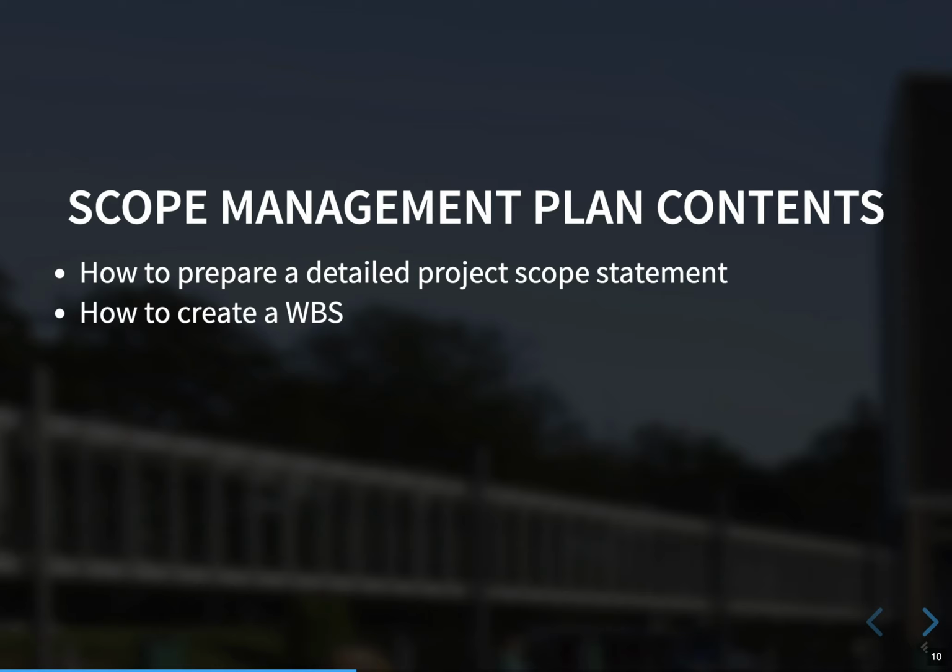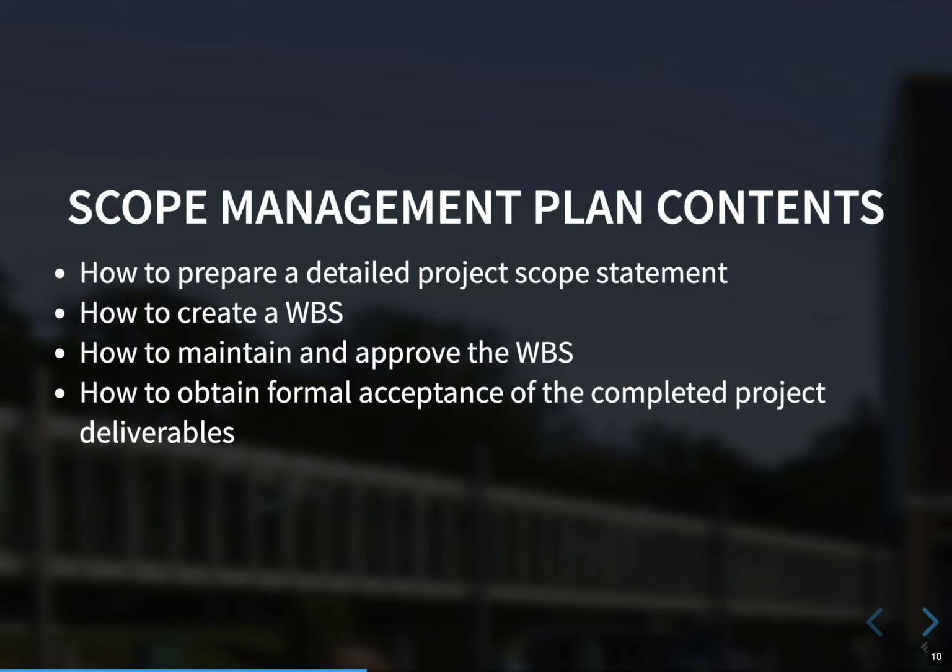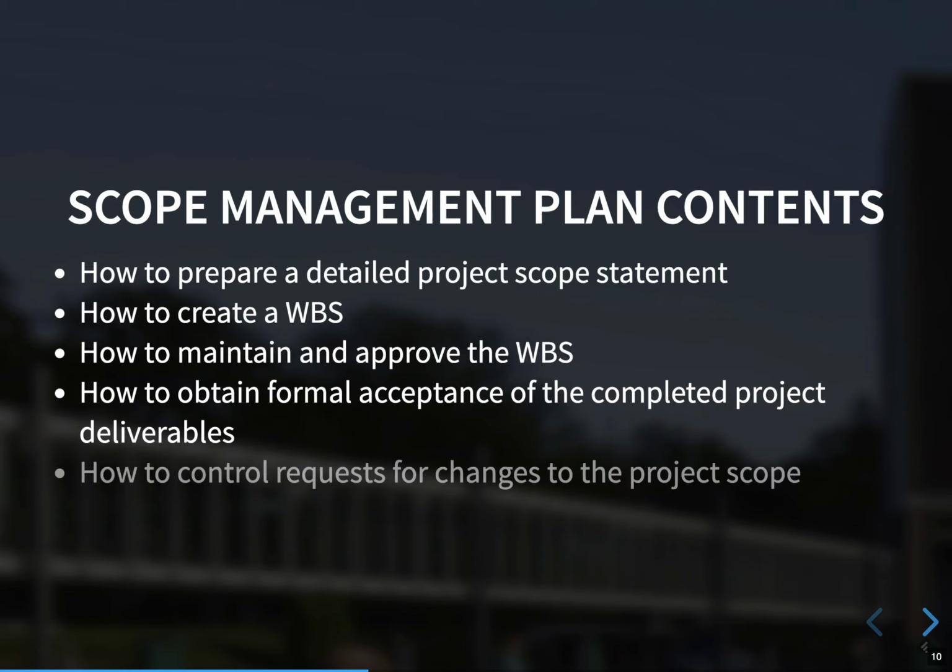Which tools are you using to create or change it? How is it managed if changes in the scope occur? Also describe how to maintain and improve the work breakdown structure, and how to obtain formal acceptance of the completed project deliverables. What about changes to your project? How to control requests for changes regarding scope needs to be described in the project scope management plan.